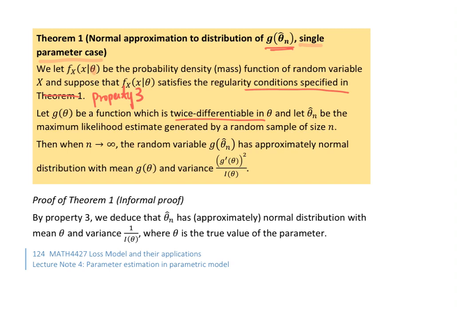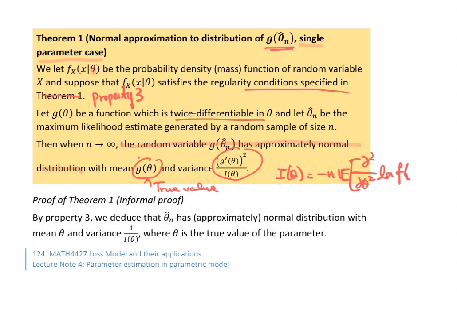Then this theorem says that when n tends to infinity, the random variable g(theta_n hat) has an approximately normal distribution with mean equal to the true value g(theta), and variance g prime(theta) all squared, which is your first derivative squared, divided by I(theta). Remember, I(theta) is equal to minus n times the expected value of the second derivative of the log of f_S with respect to theta.